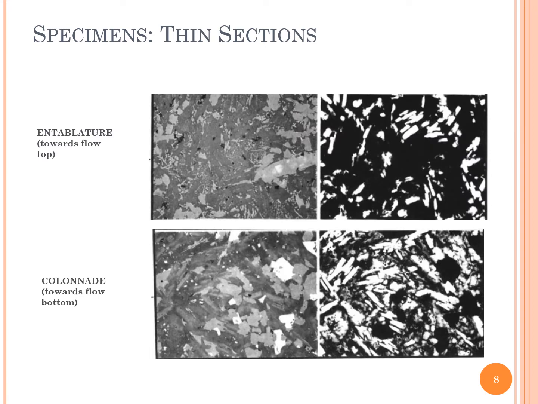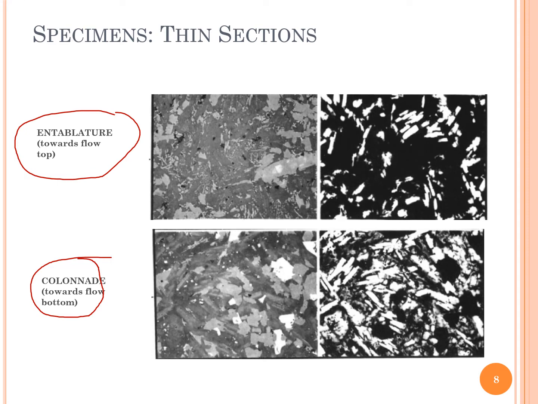If we take a look at a couple more thin sections, in a couple of different places in the lava flow that makes up the Columbia River basalts, one from a place called the entablature, which we'll talk more about later in the flow, and compare that with a thin section taken from the colonnade, which is towards the bottom of the flow. And you can see that there are some distinct characteristics.